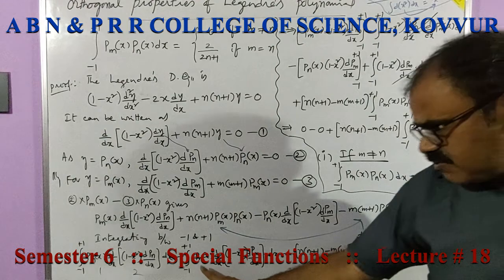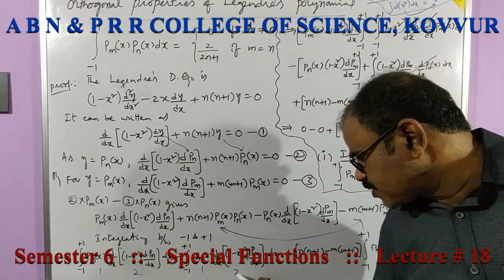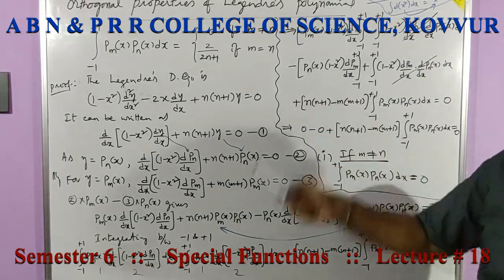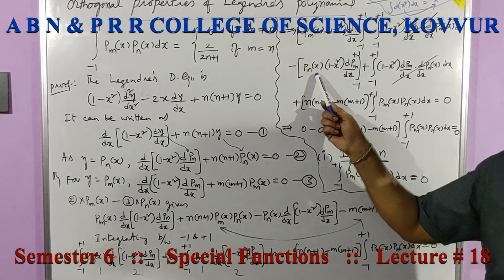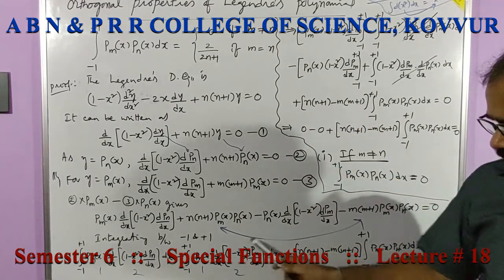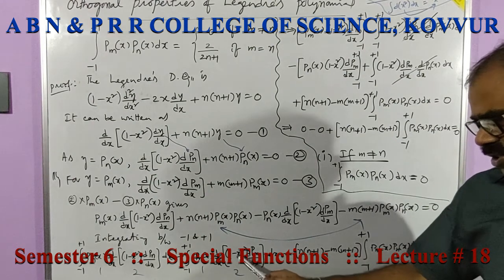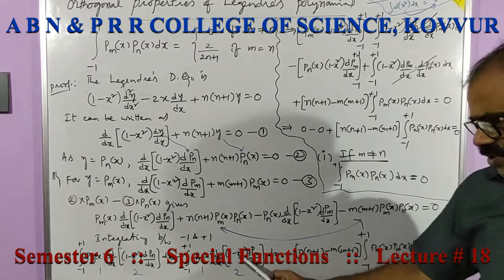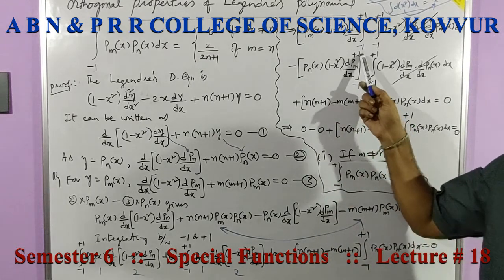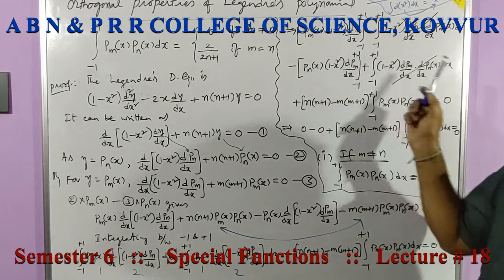In the same way for the other term, this is first function, this is second. First function Pn(x), with a minus sign, into integral of second. The integral of second is the inner part, the derivative of a function and integrating it gives the original function, (1 minus x square) dPm/dx between the limits minus 1 to plus 1, minus integral of second into derivative of first, d/dx of Pn(x).